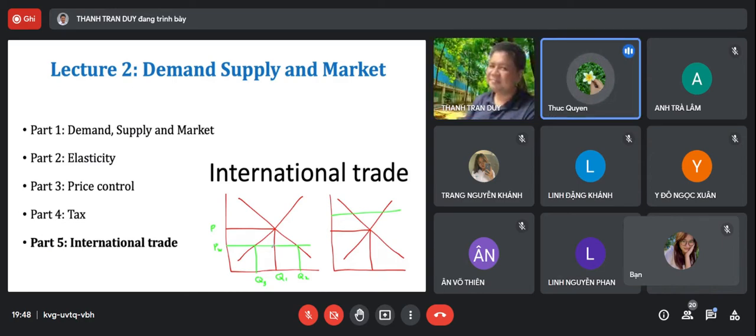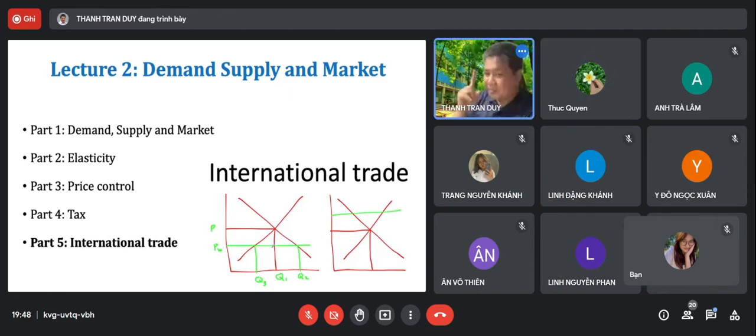Because the price of sugar in Vietnam is low and we have lots of sugar, so we should not import sugar from Thailand. Now, what if the price of sugar in Vietnam is higher? Let's say in Vietnam we have 21. Okay. What if Thai sugar is only 12 or 15?